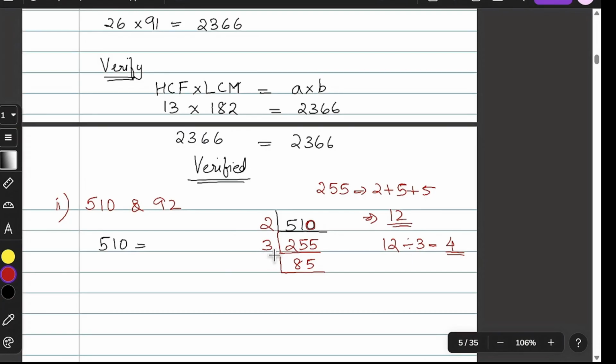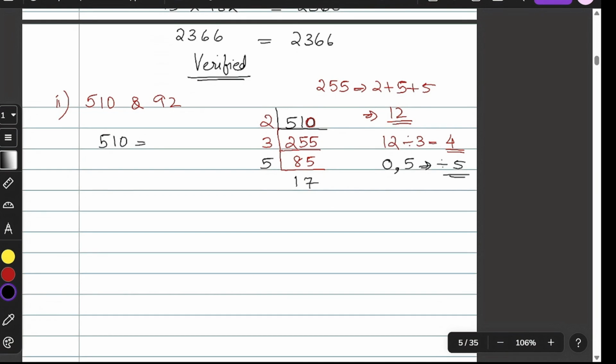I can use 5, since if the ending number is either 0 or 5, that number is divisible by 5. On dividing 85 by 5, I will get 17. So my factors are 2 into 3 into 5 into 17.